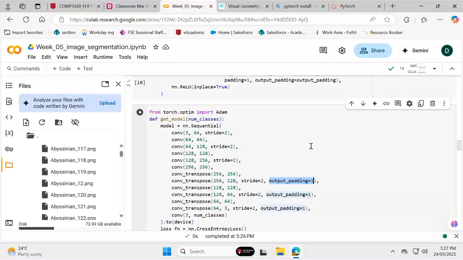It's like when you do a division with a number and you want to multiply again, and then you don't get the right value again. So you need to add sometimes some extra values, which is this extra padding. It's like the remainder in the division. So add some extra padding so that you make sure the final image is correct.